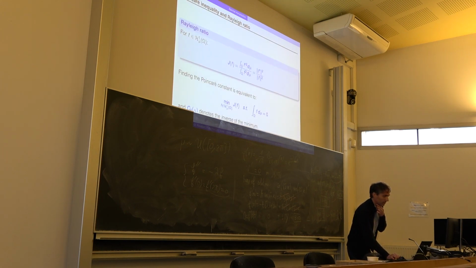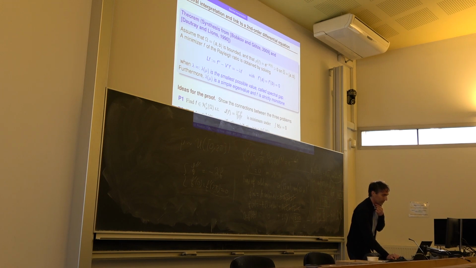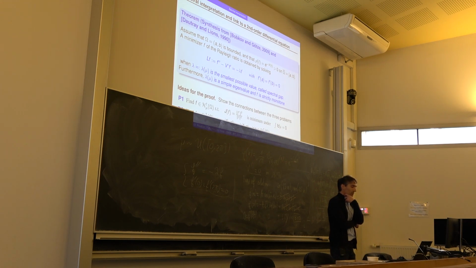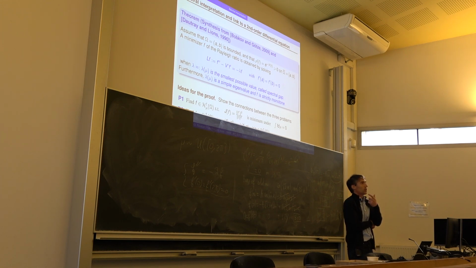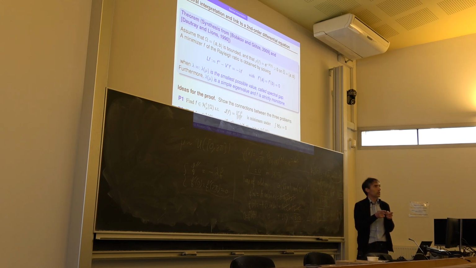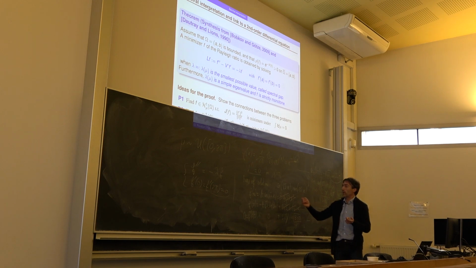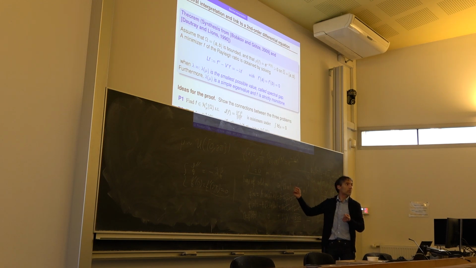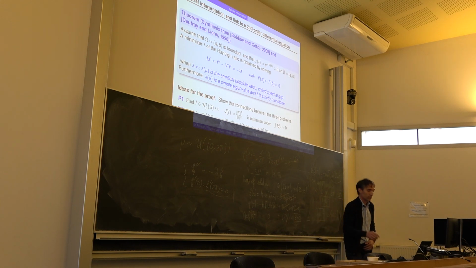Okay, so now you know how to compute the optimal Poincaré constant. And in this research, we applied this result for a general probability distribution. But you see that it's not trivial, because here it was possible because we have a basis of solutions. So in some cases, it's possible.